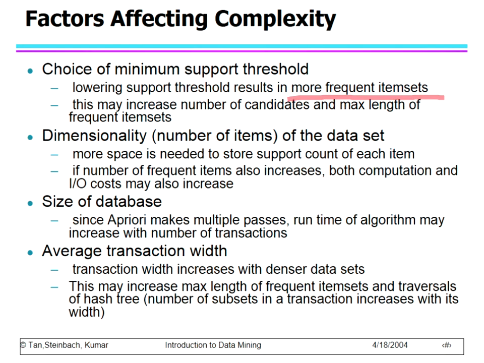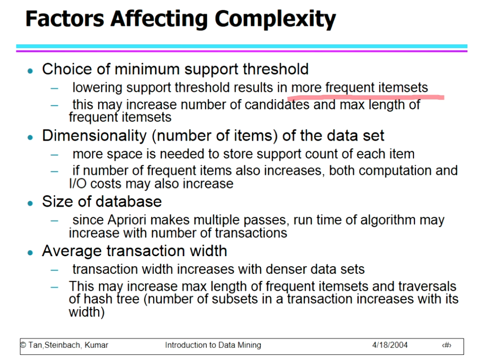Also, another factor affecting the complexity of extraction of rules is the dimensionality of the data, the number of items. More space is needed to store the support count of each item.